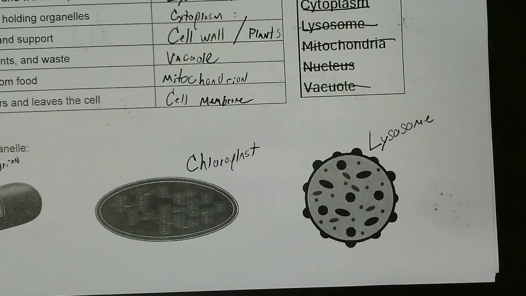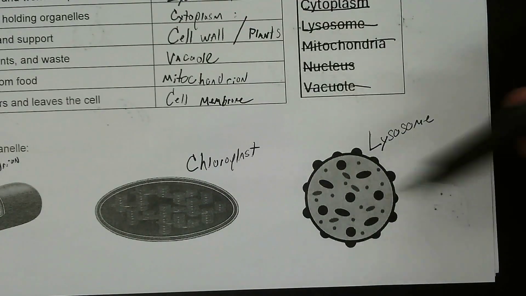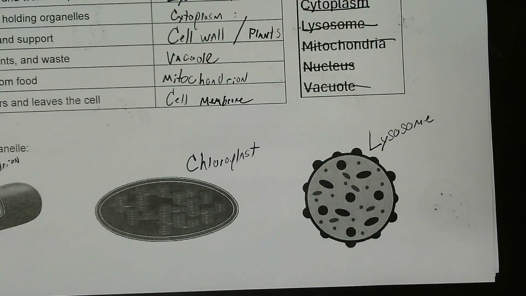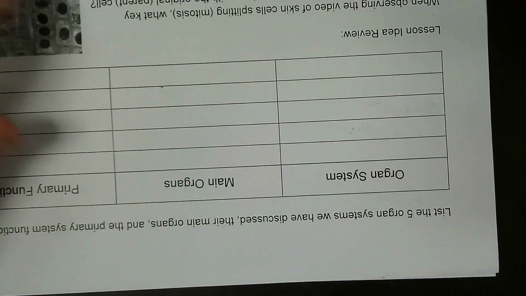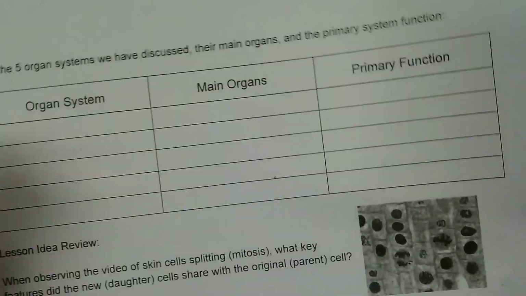Let's try this again. It's full of digestive enzymes. It goes around, it gets rid of waste. I call it the garbage man, the trash man. It's the one that takes care of the waste. It gets rid of things. Okay.